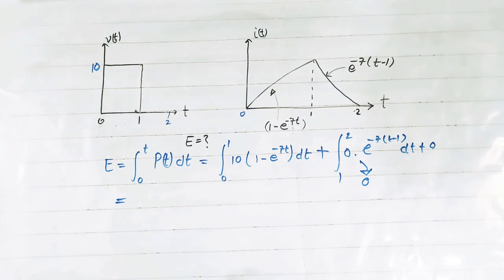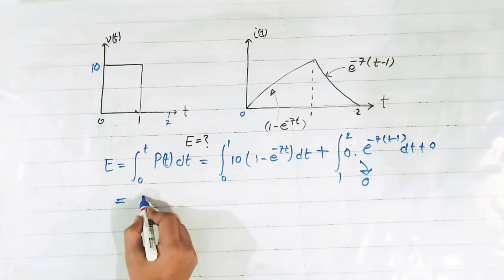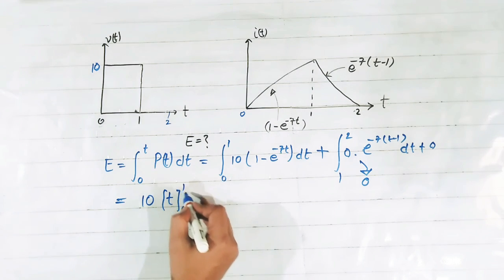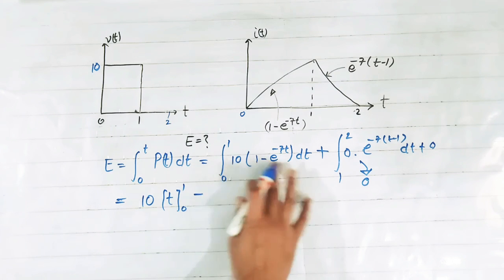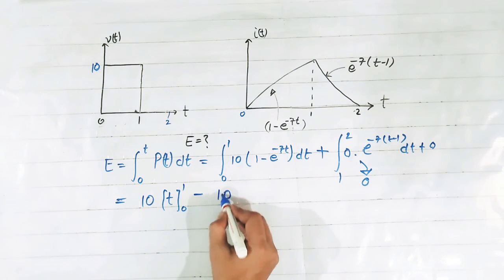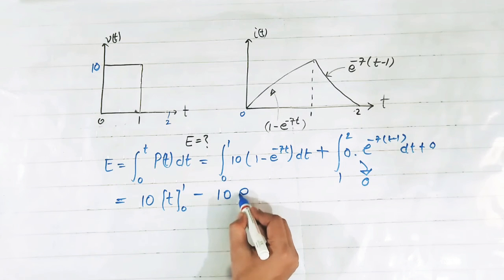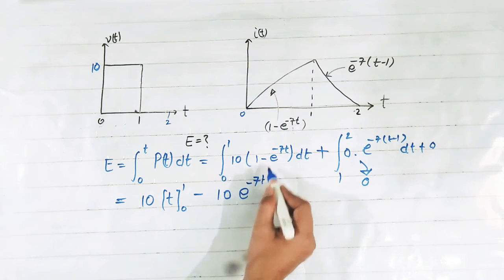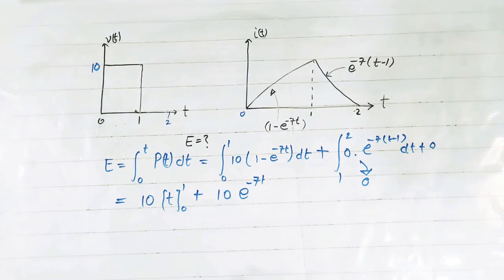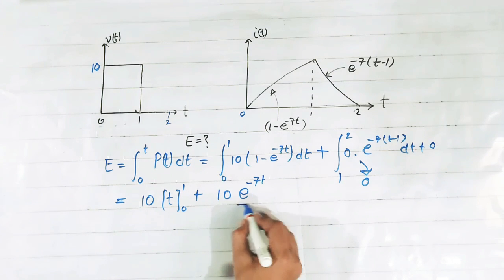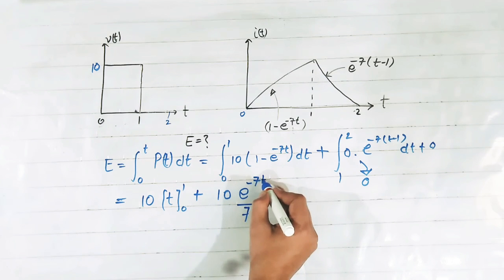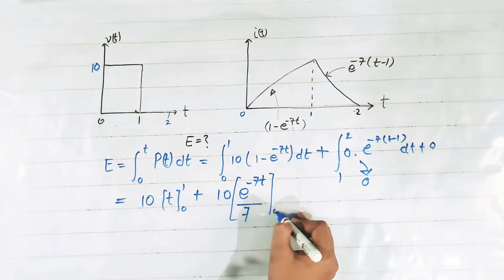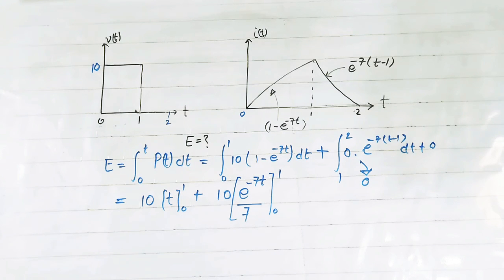Now the integration of this is equal to 10t with limit 0 to 1, minus 10 e to the power minus 7t, this negative will make it positive, by 7. Here also the limit is 0 to 1.